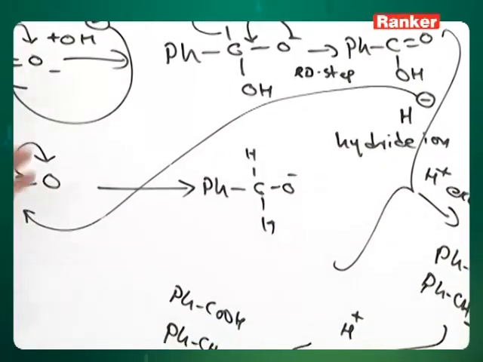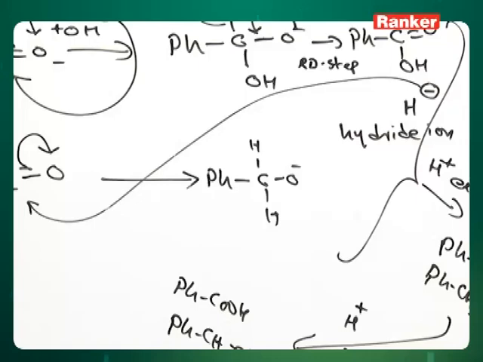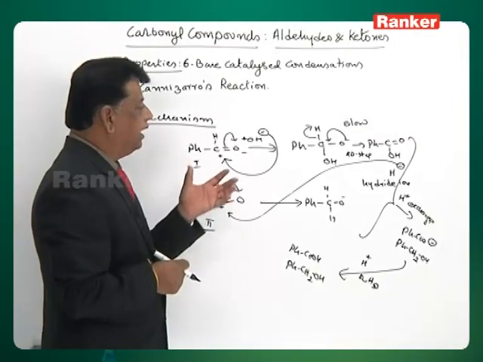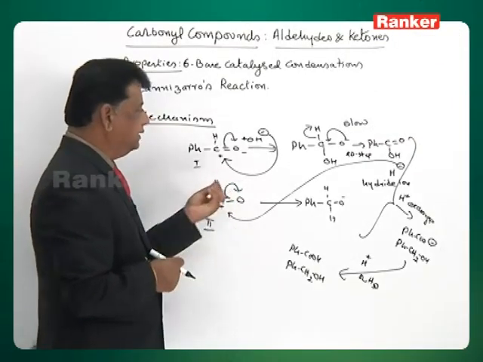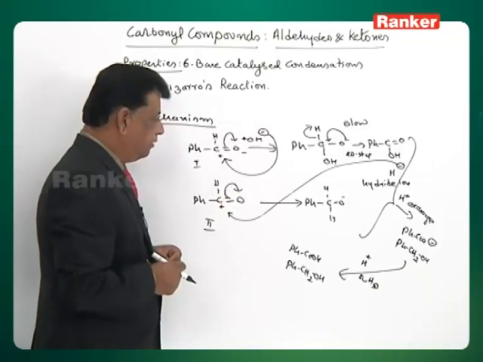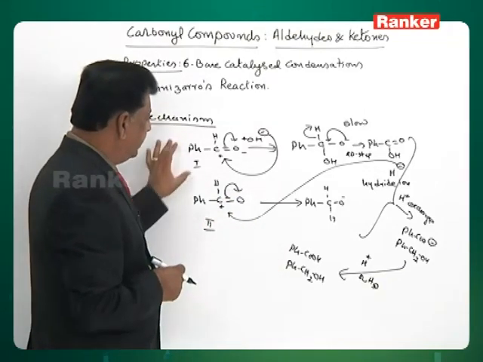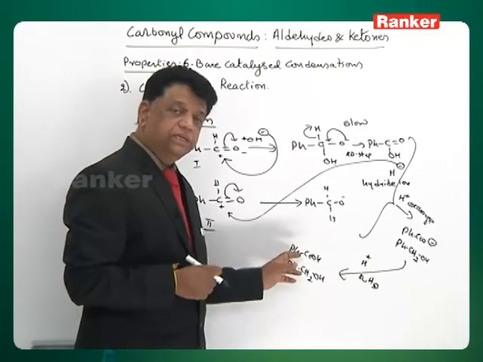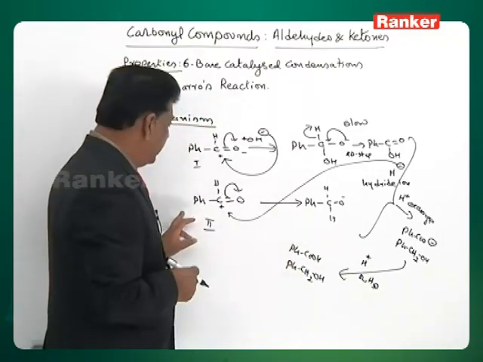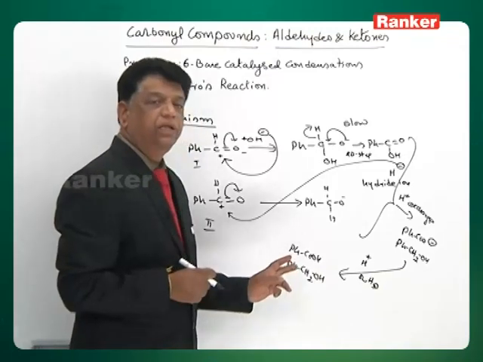Therefore, the RD step is very important to identify: hydride ion formation is the slowest step, that is the rate determining step. And then finally, what you get is, out of 2 benzaldehyde molecules, one benzaldehyde is oxidized into benzoic acid, and another one is reduced into benzyl alcohol.